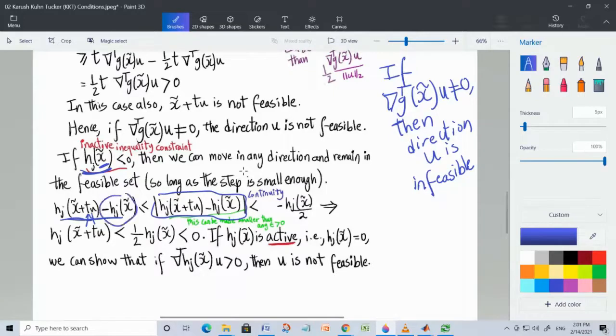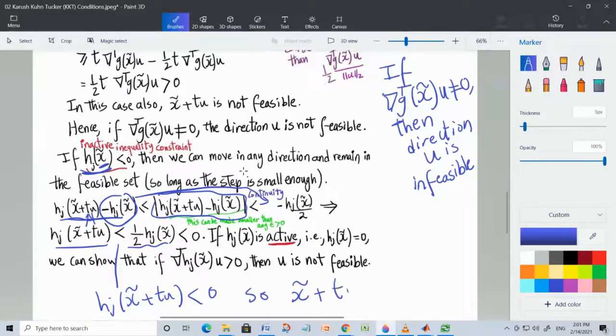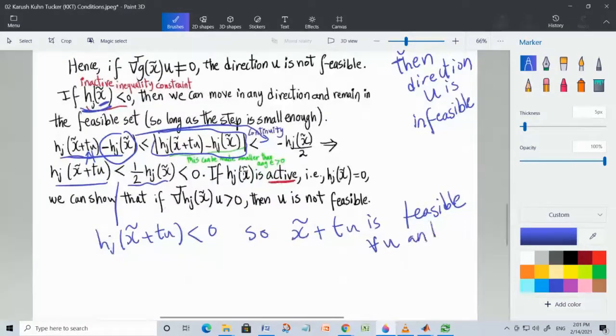Okay, so move this to the other side, and what we get is that hj of x tilde plus tu is less than half hj of x tilde, which is negative. So hj of x tilde plus tu is negative, so x tilde plus tu is feasible for every u and sufficiently small t.